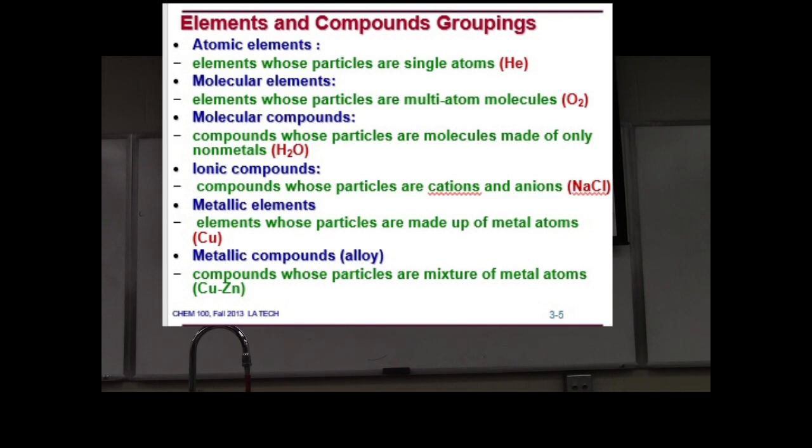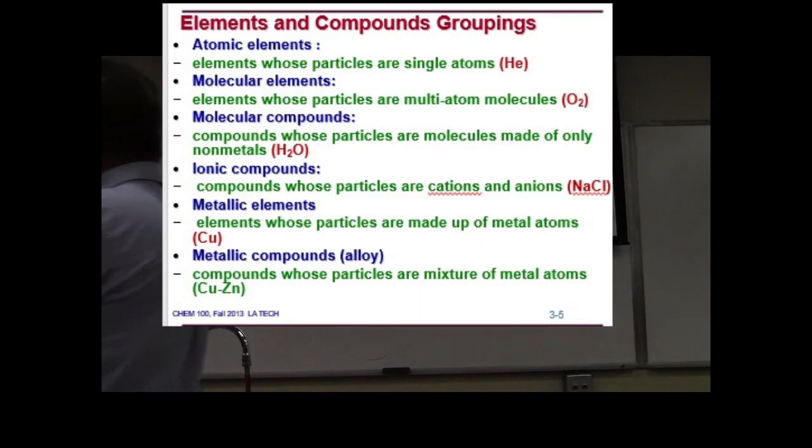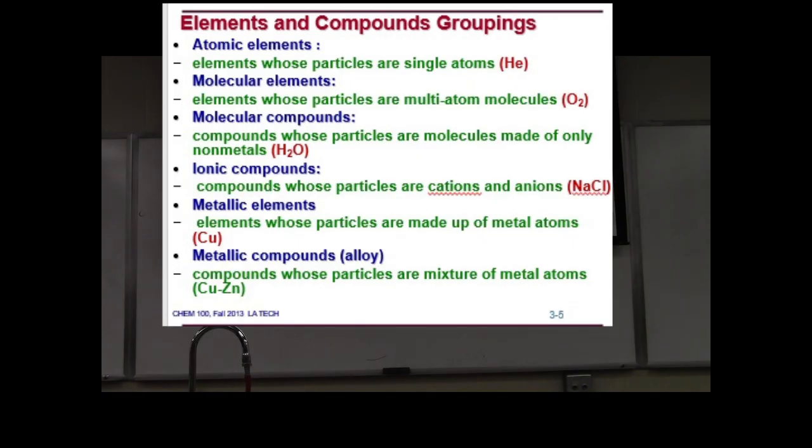Chlorine gas is Cl2, Br2, I2. The rest of them are mostly the black ones, which are solid. On the metallic side, they are metallic elements. Now there's a difference between atomic elements, molecular elements, and metallic elements. What is the difference?